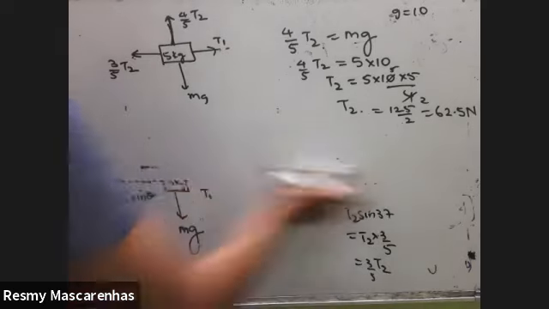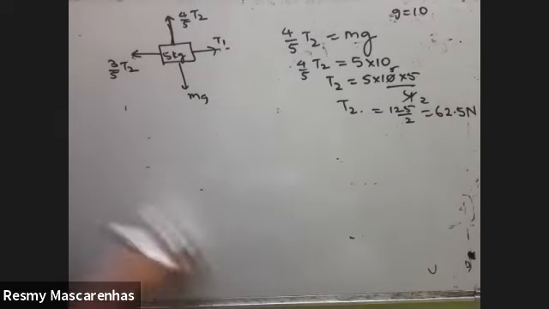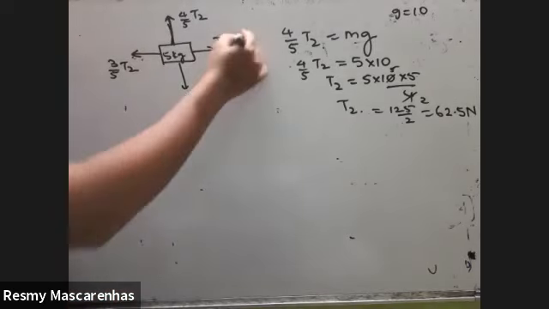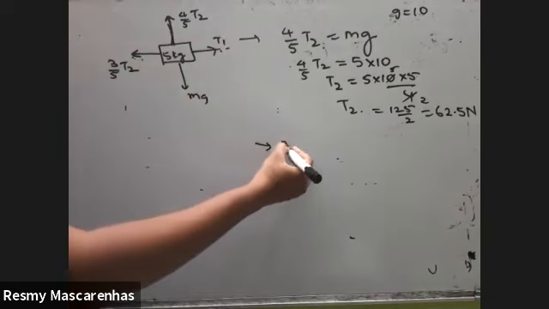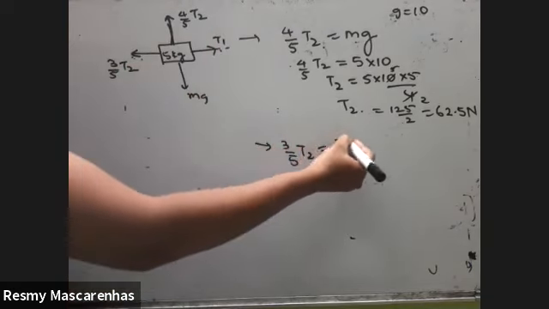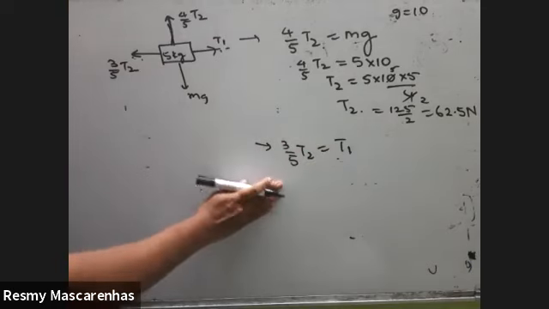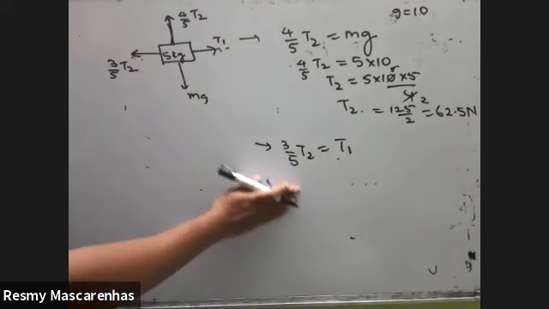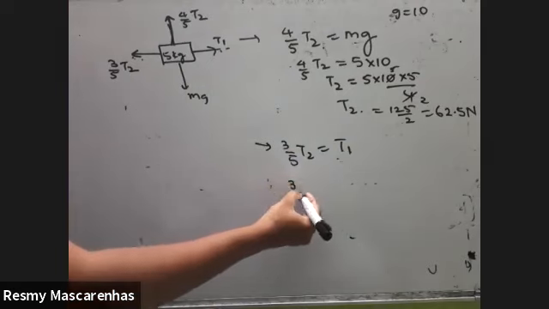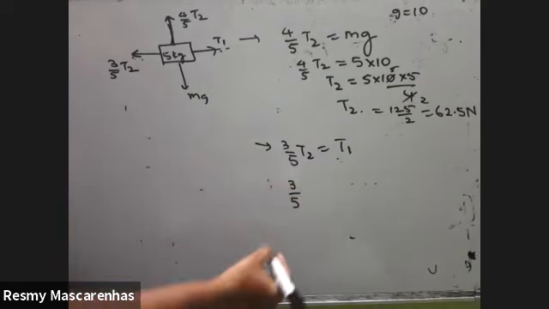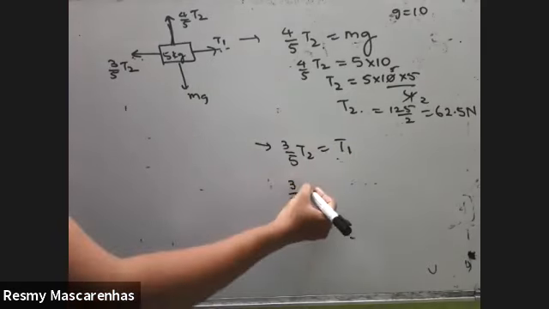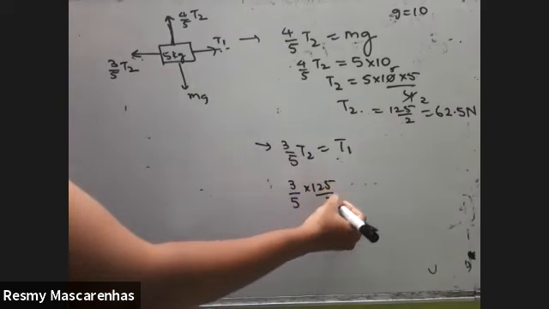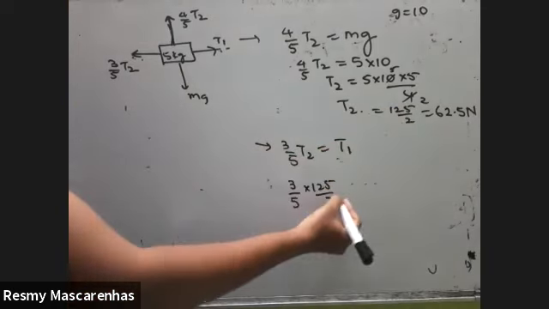Now we'll calculate T1. So this will be equal to this. So substitute, you know what is the value of this? You can put this also for calculation point of T2. You can take as 125/2.